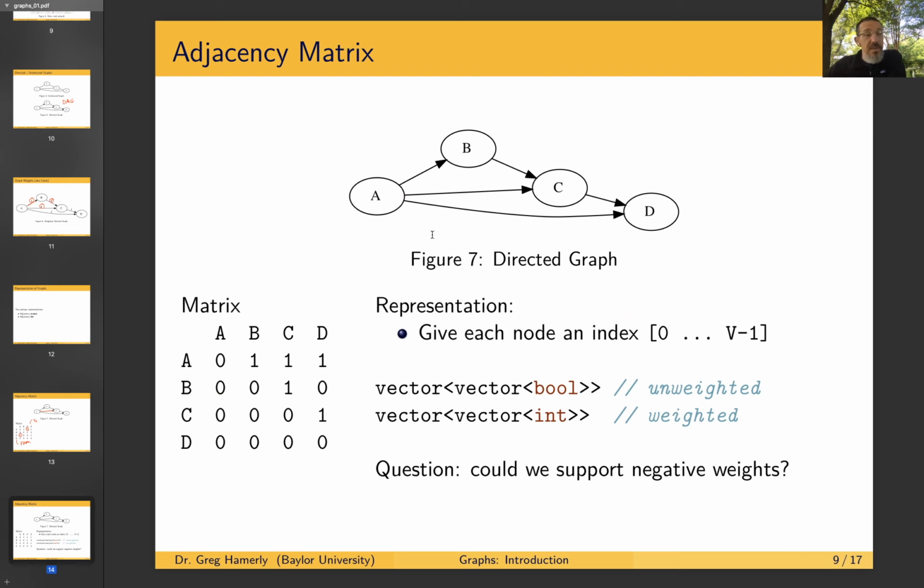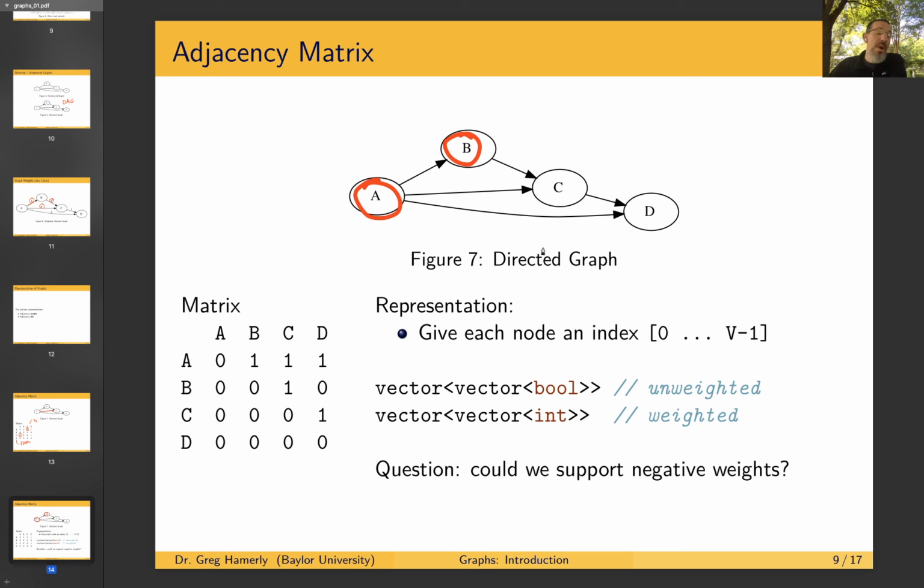We can represent this in, say, C++. Oftentimes we'll notate our vertices in these lectures as A, B, C, D, as letters, but when we implement it in code, we'll usually use indexes for these same vertices. So instead of calling this vertex A, we probably call this vertex 0, vertex 1, and so on.